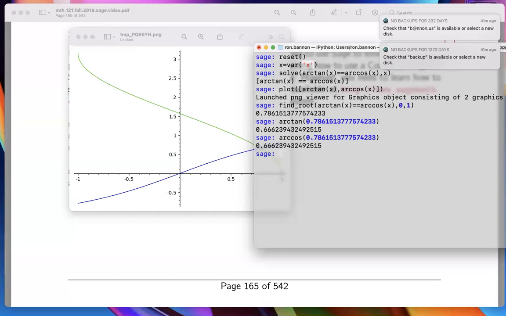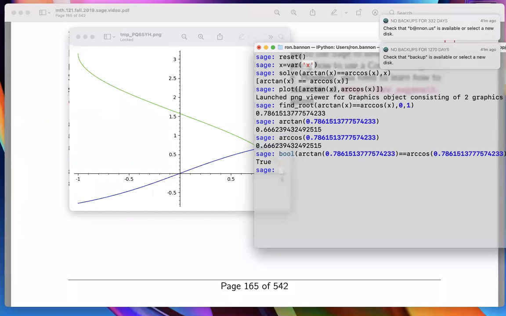I want to try one other thing with you. This is Boolean. And I want to see if this is equal to this. It says it's true.